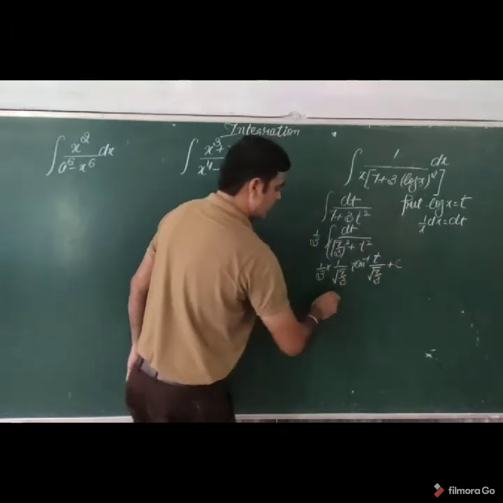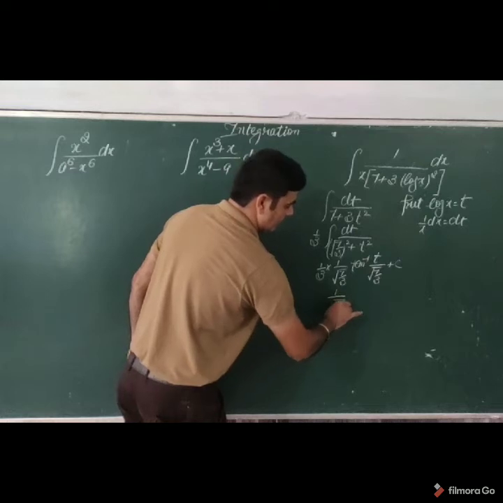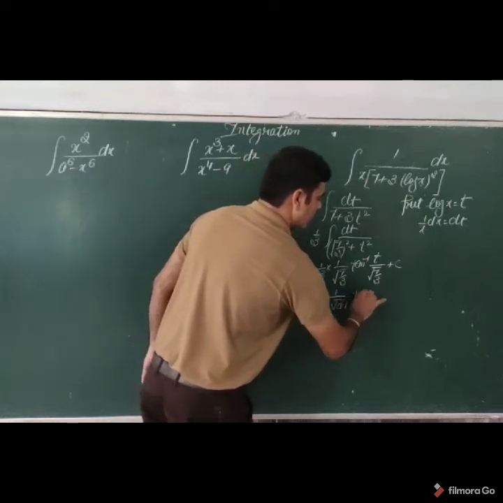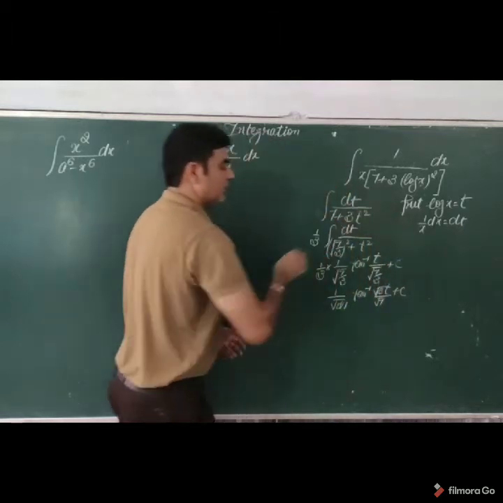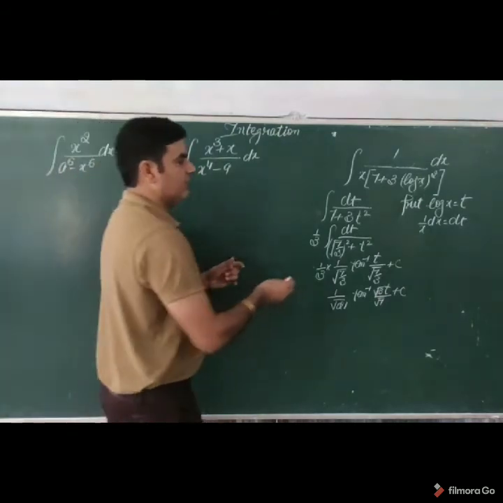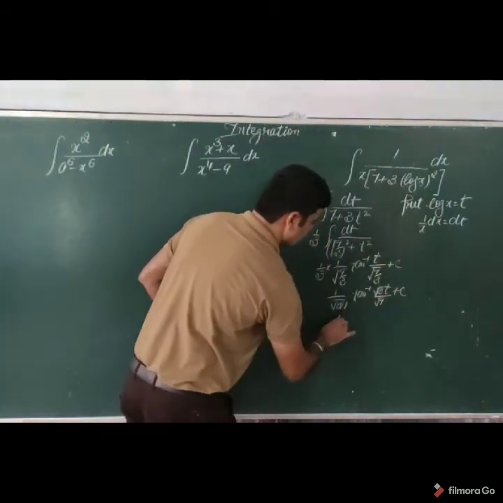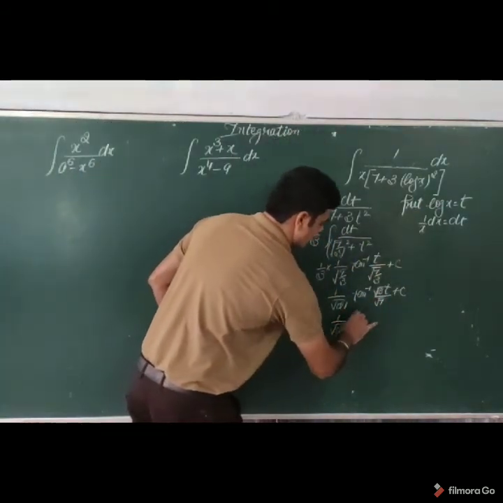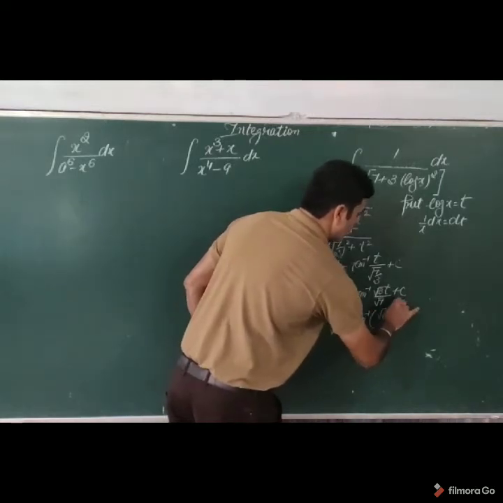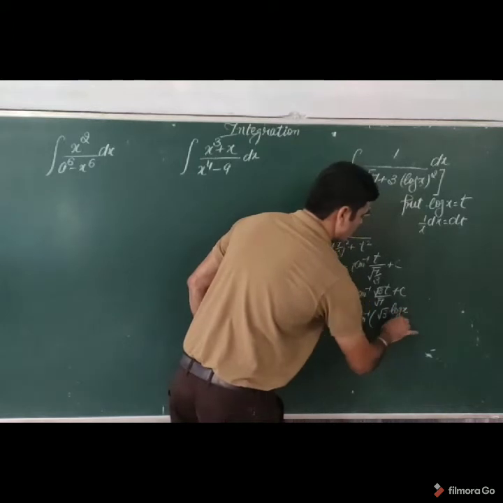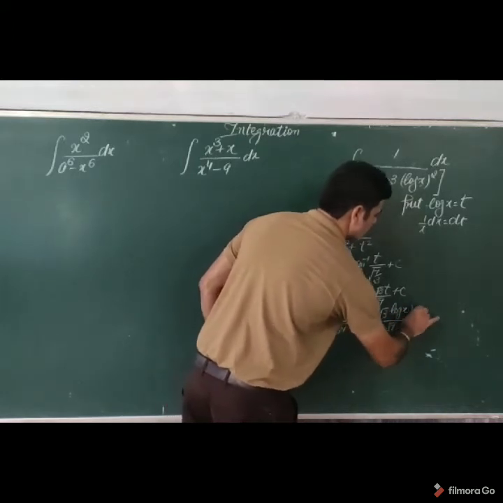If we simplify, we get the final answer 1 by square root of 21 tan inverse of square root 3 comes outside with t divided by square root of 7, plus c. Using the value of t, we have chosen here log x, replacing the value: tan inverse in bracket, square root 3 times log of x divided by square root of 7, plus c.